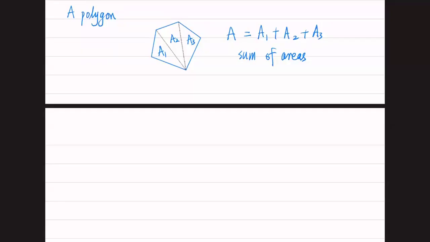Okay, now we put this to the test. We have a circle of radius r again.